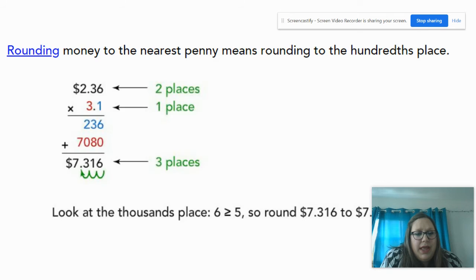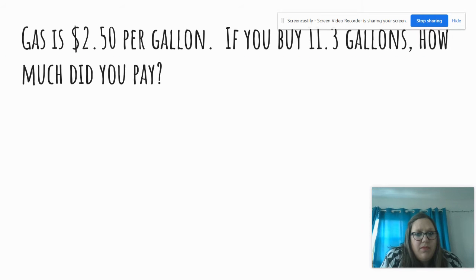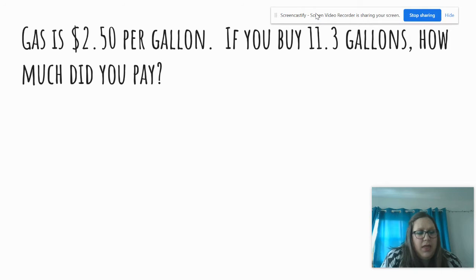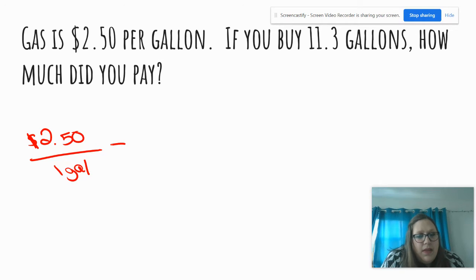What I want to do today is go into some real-world problems, because I think that's the best way to understand what we're doing. So gas costs $2.50 per gallon. I'm actually going to write that down right here. Always go through the information as you're doing it. If you buy 11.3 gallons, how much did you spend?